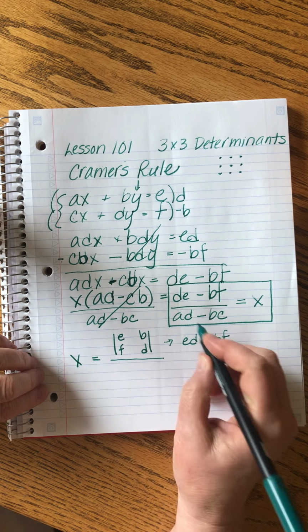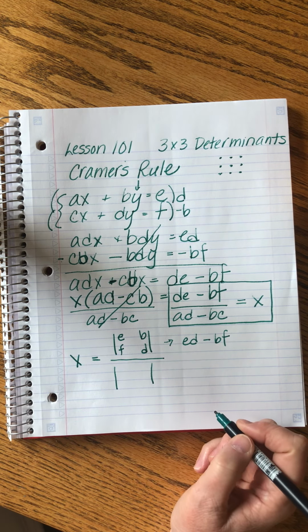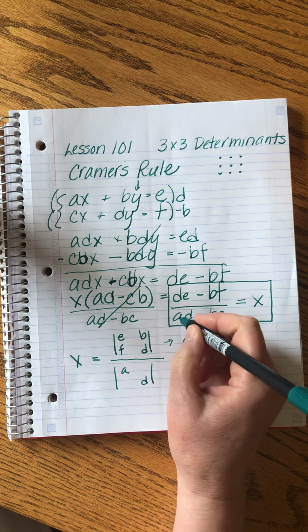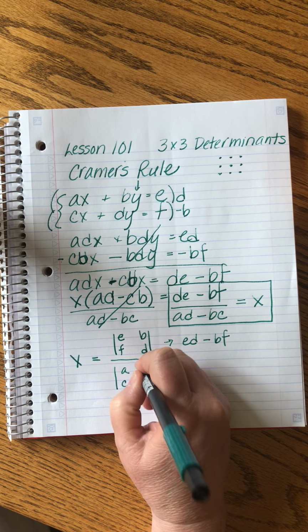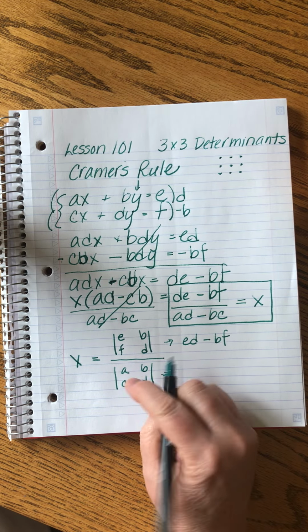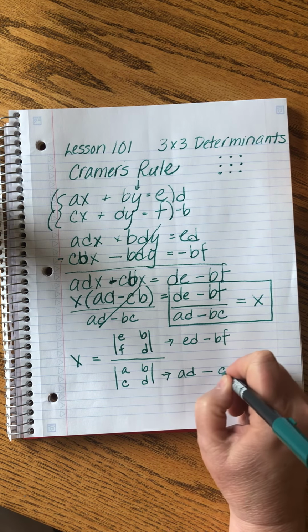And then for the denominator, we do the same thing. We would put A times D minus B and C. And this gives us the same thing back, because it's AD minus C times B.